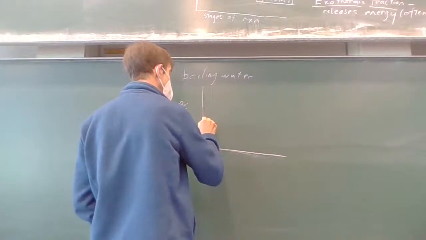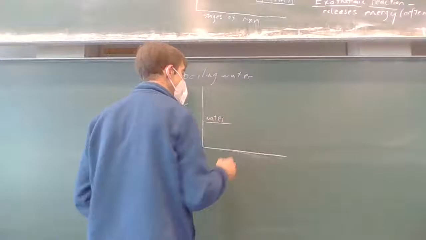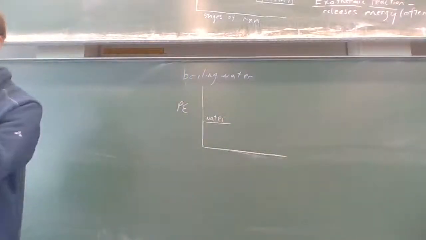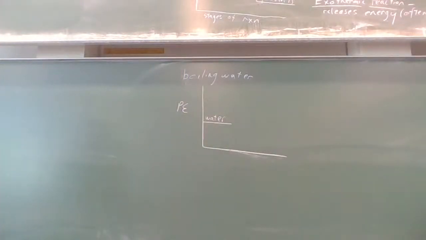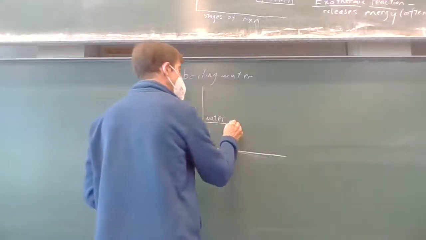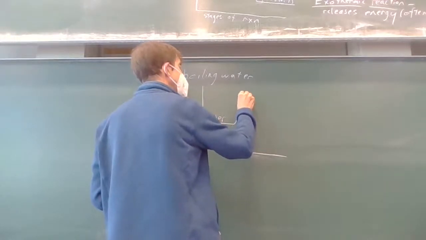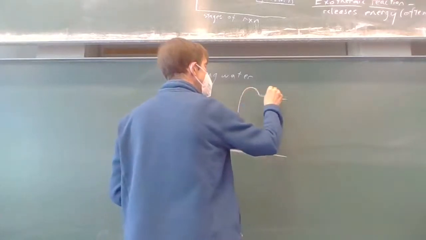Okay, here's my water. So it's liquid water. What do I have to do with the molecules, Jordan, to make it into a gas? Here they are as a liquid. Heat them up. If I boil water, I have to heat them up, and I get something up here which we call steam.